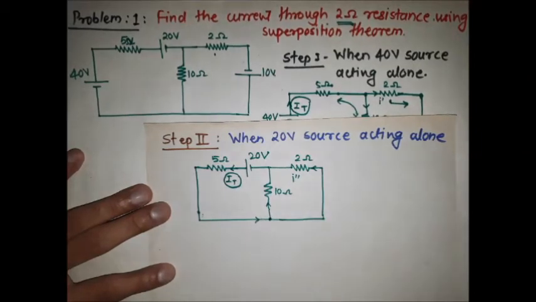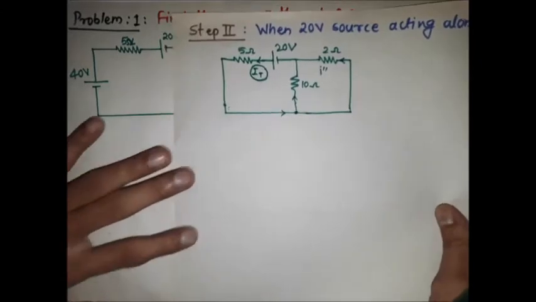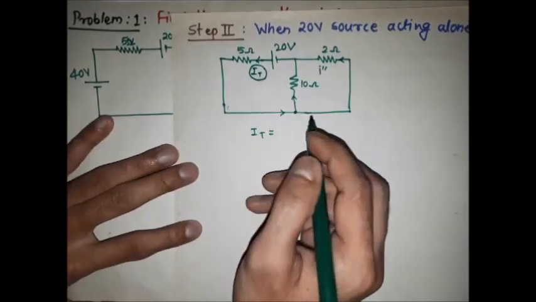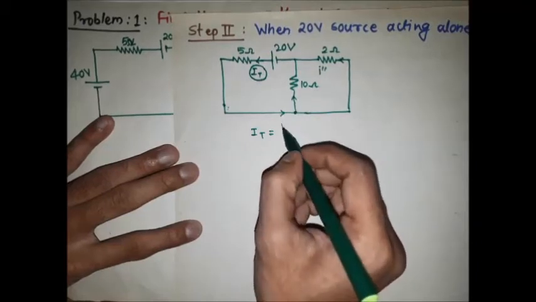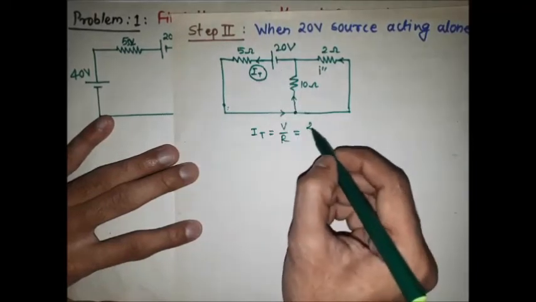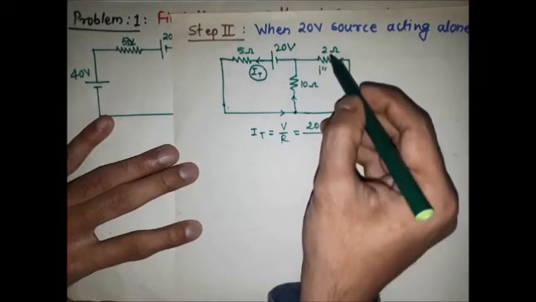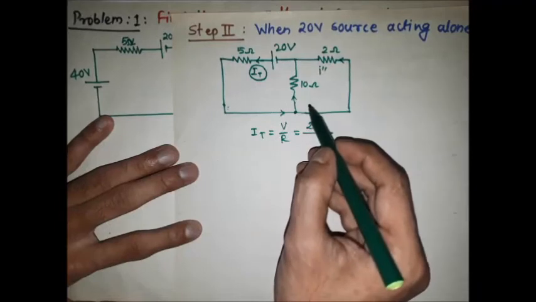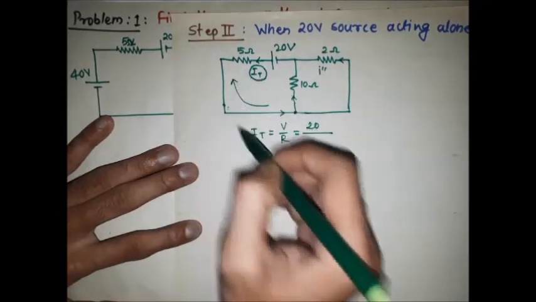So see here, IT, the total current, is equal to V divided by R, which is equal to the voltage source 20 and the resistance, here again 2 and 10 in parallel, and this parallel combination will be in series with the 5 ohm resistor.